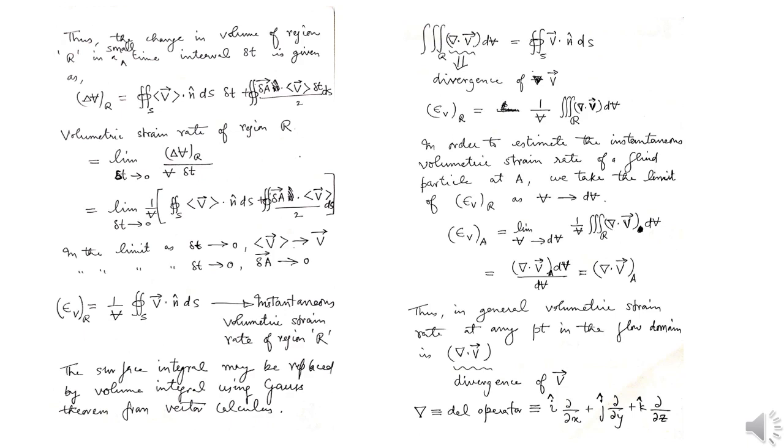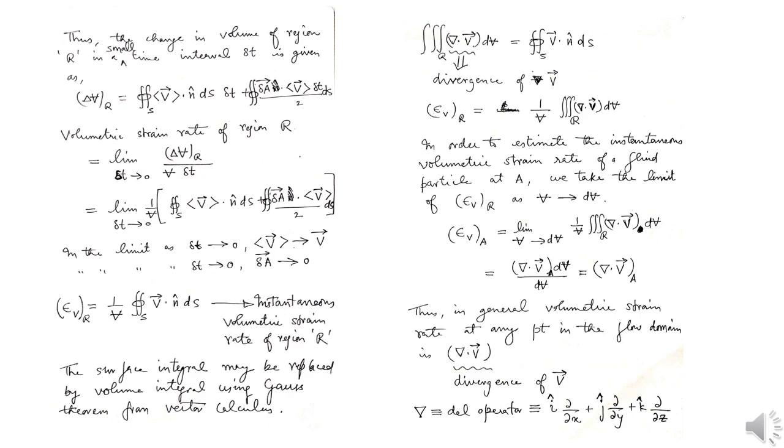So physically what this del operator actually does, it simply tries to get the measure of the space rate of change of any vector function. So if you have got a vector function, then it tries to give you a measure of how fast the function would be changing in space along all the various coordinate directions.